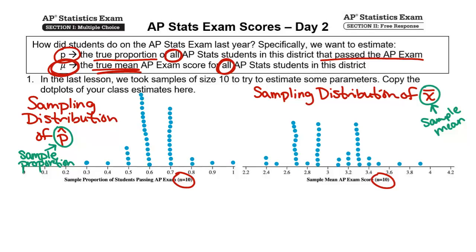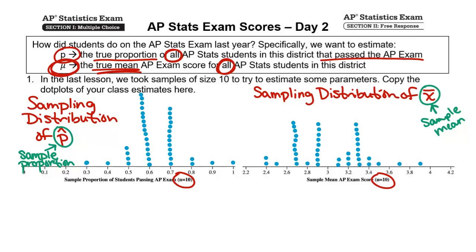Number 2, I'm going to have you read number 2 to me, but I'm not going to move off this screen because it asks you to draw on these 2 graphs. What does the first sentence in number 2 say? The true proportion of all AP Stat students in this district that pass the AP exam is 0.652.